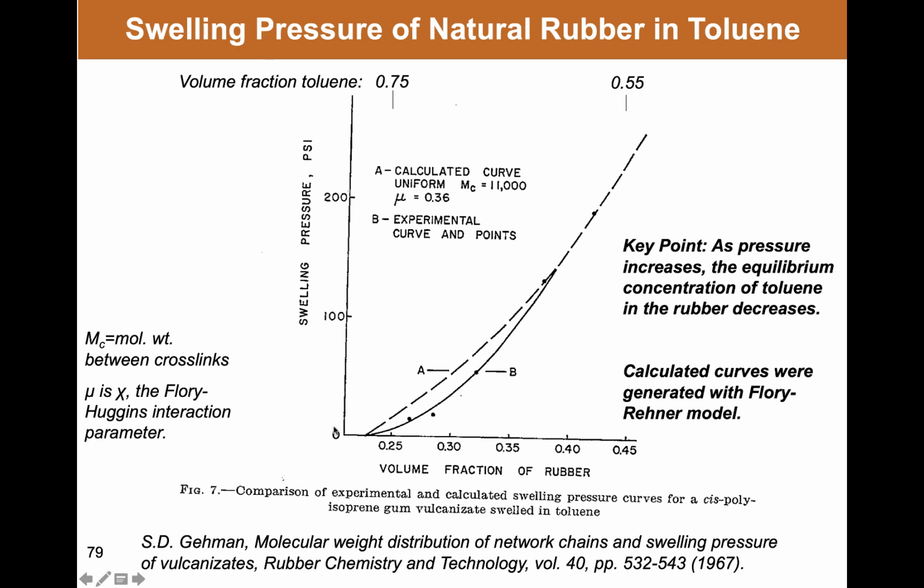But what it shows is that as the swelling pressure exerted by the membrane is higher, the amount of solvent that the polymer can take up from this reservoir that's next to it at ambient pressure goes down.